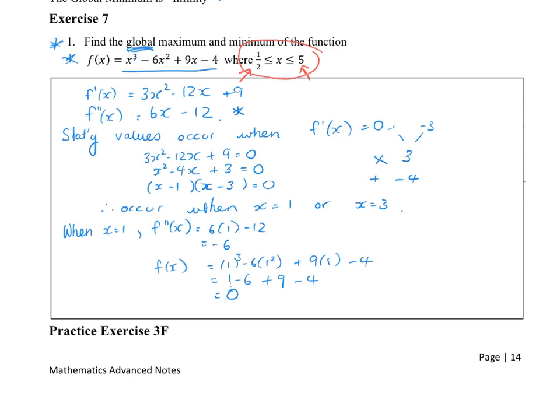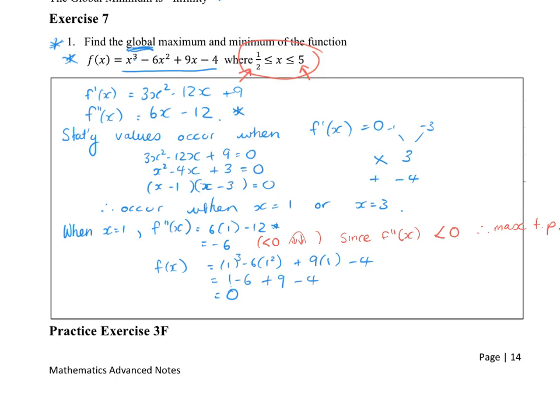So what does that tell us? What does the second derivative tell us? Because it's less than 0, it's going to be concave down. So we say here, since f dash dash x is less than 0, therefore it's a maximum turning point.